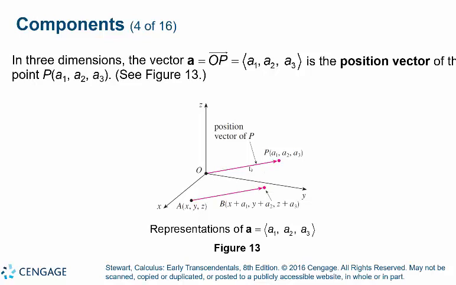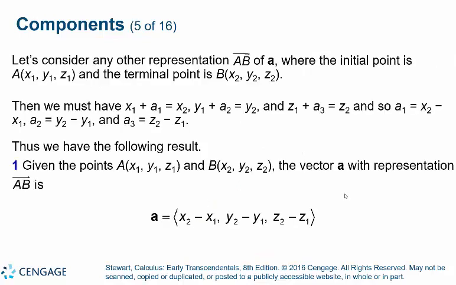Now it has some initial point that's not the origin and some terminal point that's not this exact same one. Then we must have x1 + a1 = x2, and so on.